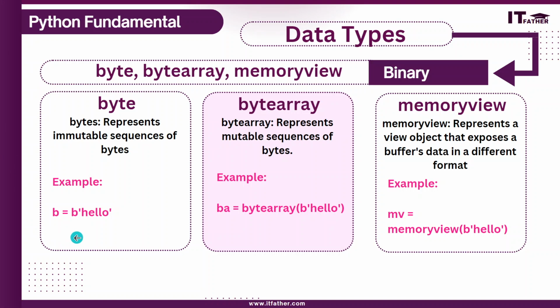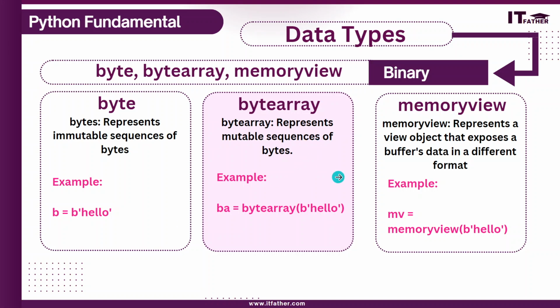For example, b equal to b'hello'. Hello is like a normal string, but it is not stored as a string. It is stored in memory directly as a sequence of bytes. Once it is declared, it cannot be changed.